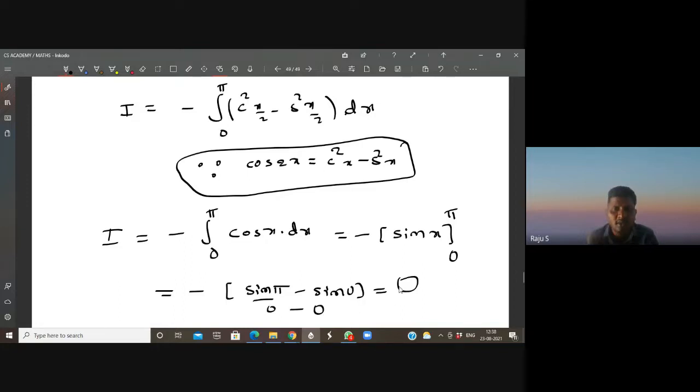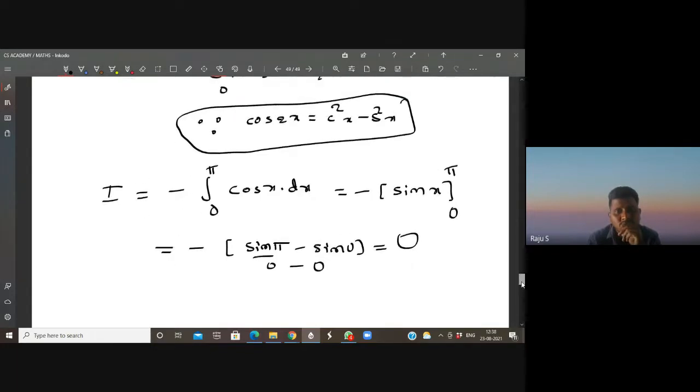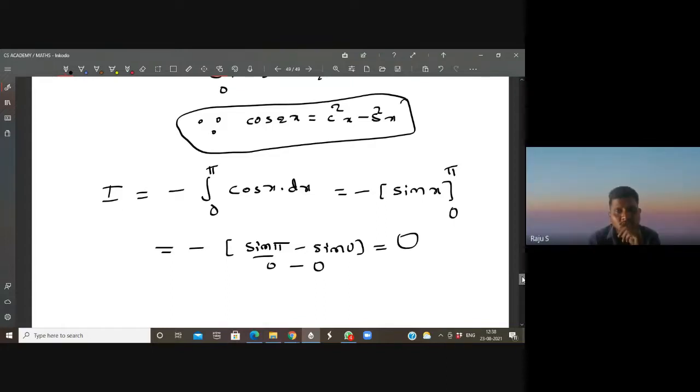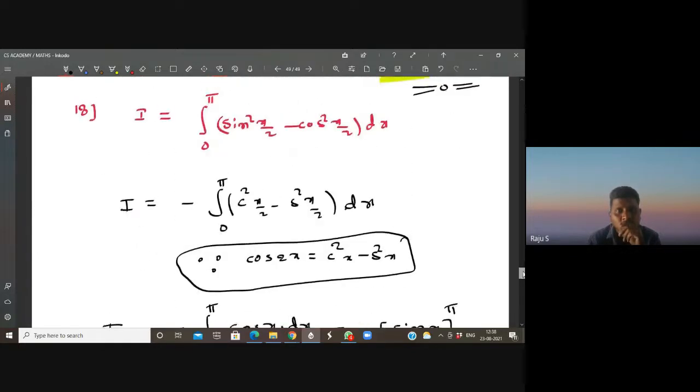What is the answer they have given in the back of the book? 0, I think. Am I right, students? They would have given 0.